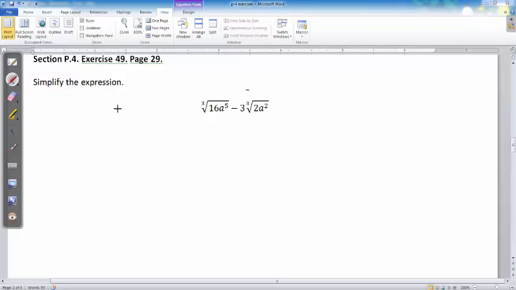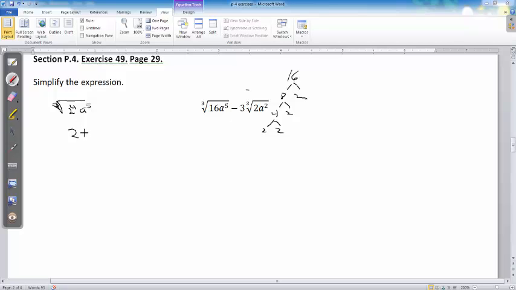If you want to add or subtract radical expressions, you need to simplify the radicals first. So if you break down 16, it is 8 and 2, 8 is 4 and 2, 4 is 2 and 2. So that's 4 2's, so we have the cube root of 2 to the 4th times a to the 5th. 3 goes into 4 once, so I get to bring out a 2.